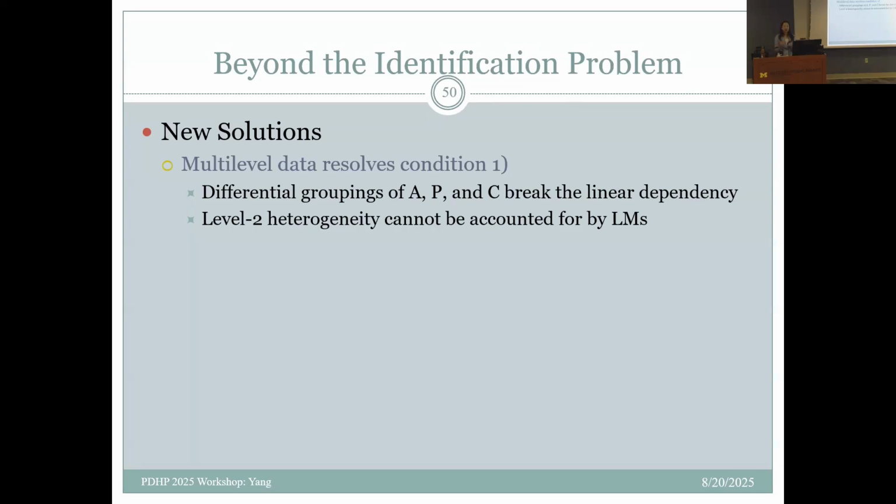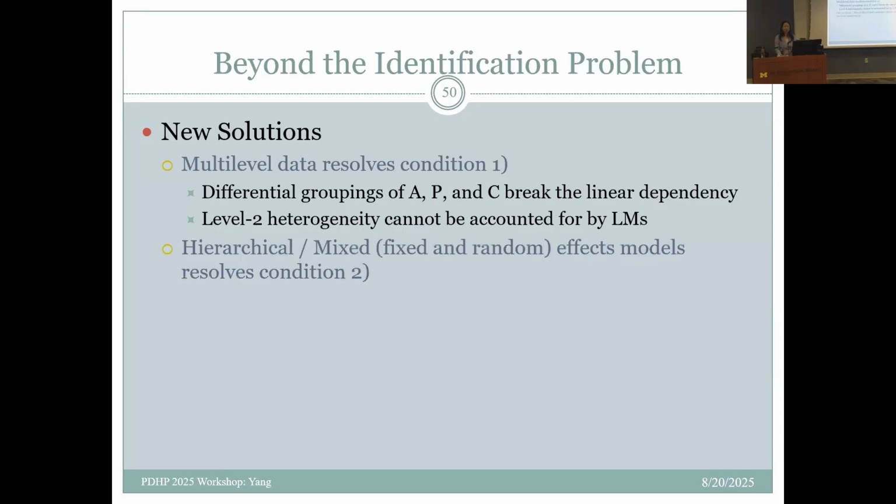The linear models don't deal with level 2 heterogeneity effectively, and it cannot be accounted for. Therefore, we need to specify new models to account for this problem. So we use the mixed effects family of models, hierarchical models, and this can help us resolve condition 2 that contributes to the identification problem.